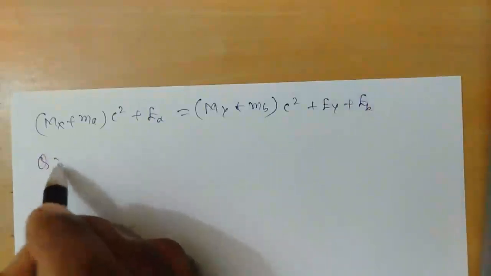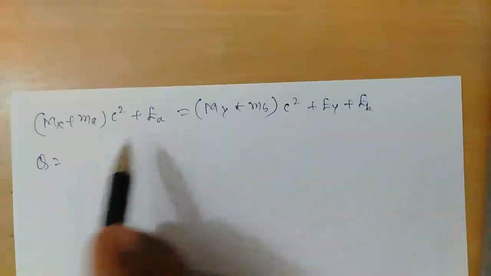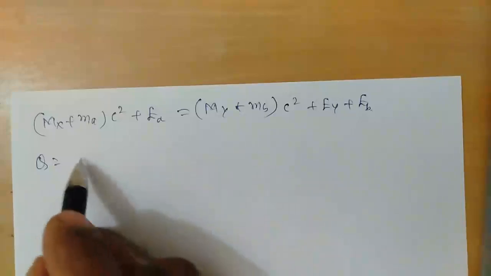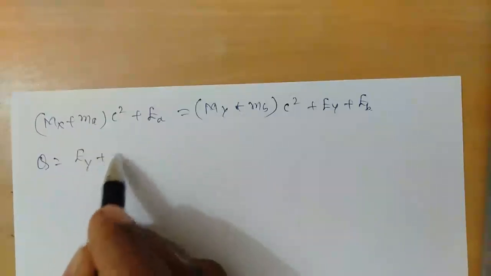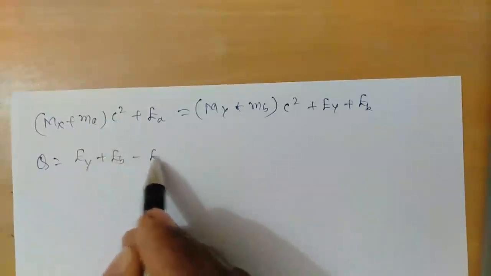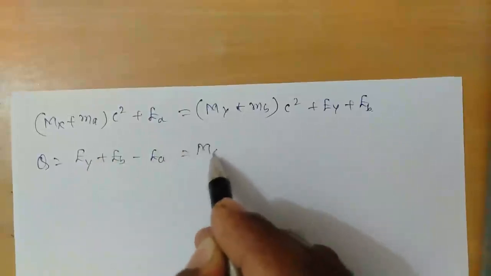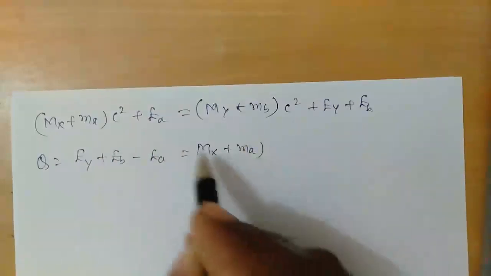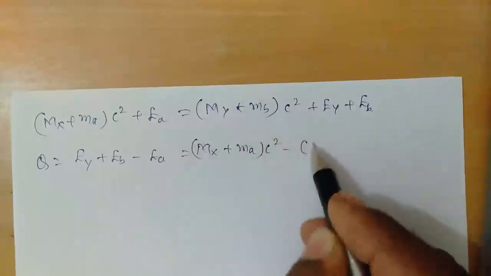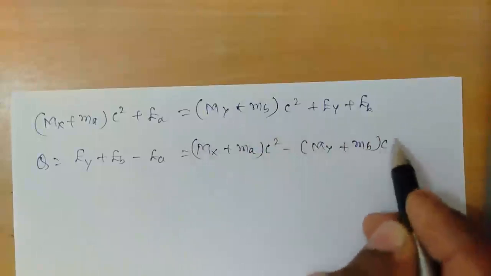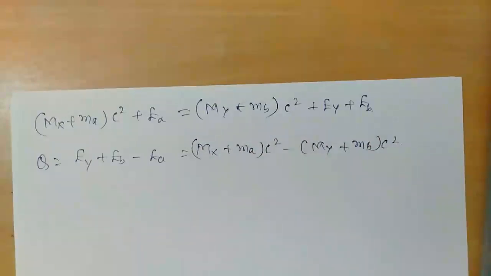So we are finding the Q value, which is nothing but the difference of the kinetic energies after and before the reaction, that can be written as Ey plus Eb minus Ea. This must be equal to the mass difference, that is, the rest mass energies of the reactants minus those of the residual nucleus and ejectile formed.